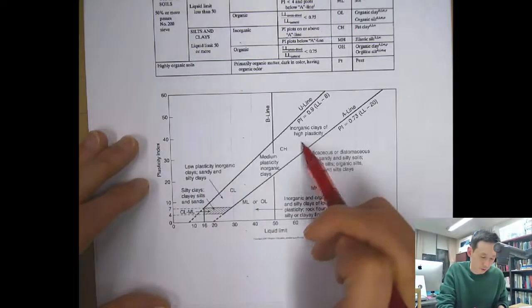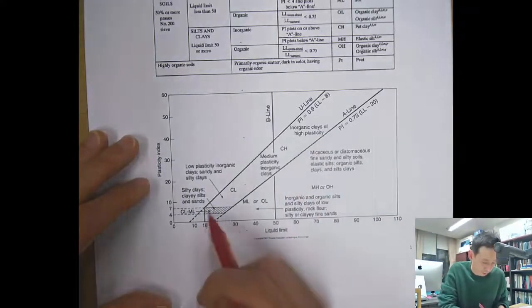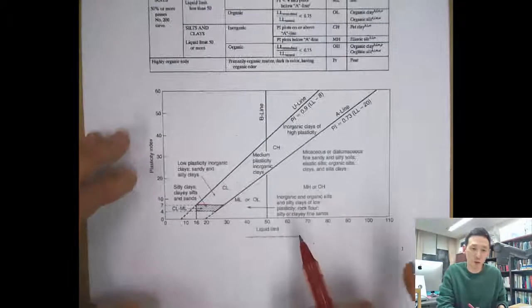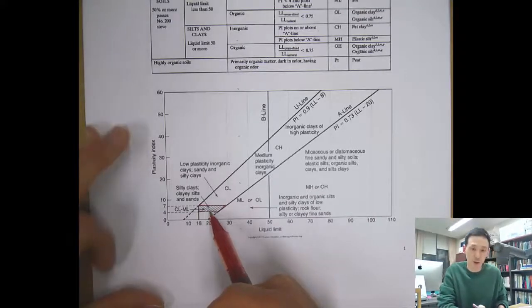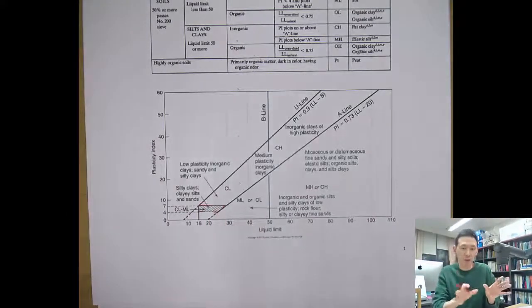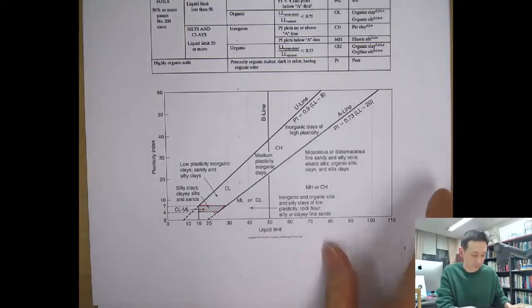And here CH, high plasticity inorganic clays. And there is some gray area that requires the dual symbol. And here is a silty clay or clayey silt. So you share both the clay and the silt characteristics.